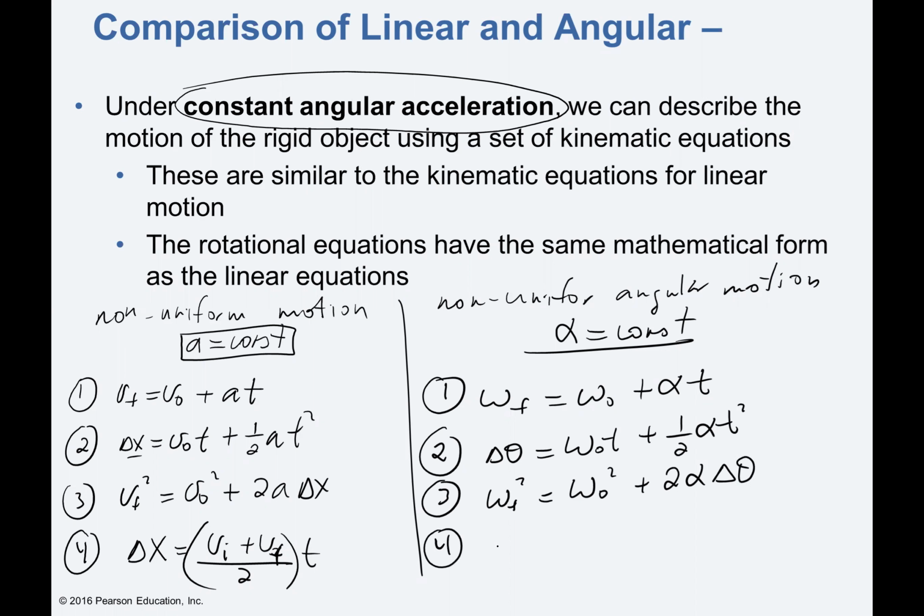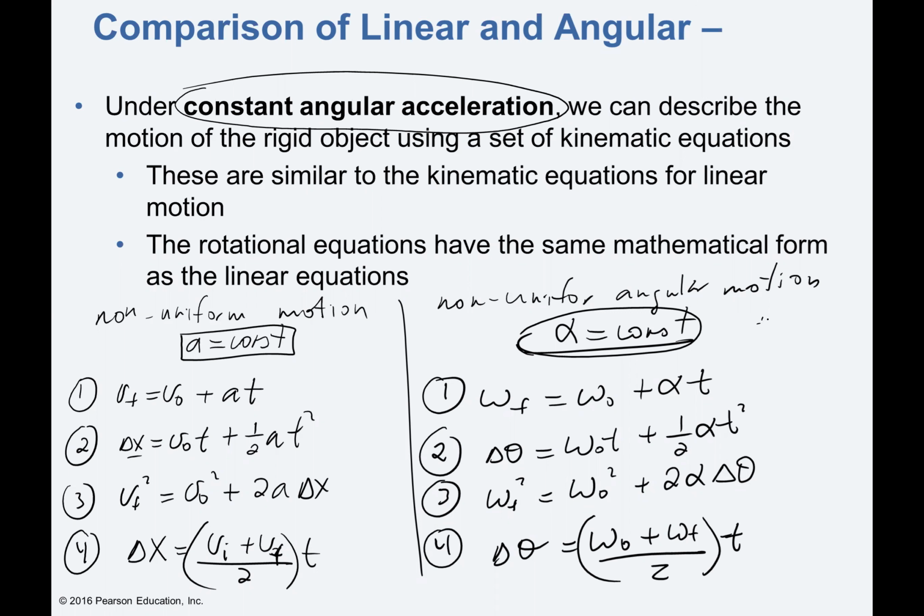Equation 4, delta theta equals omega initial plus omega final divided by 2 times time. As you can see, the equations are basically exactly the same format. All you need to know here is whether alpha is constant or not. If alpha, which is angular acceleration, is constant, then you can use those 4 equations.